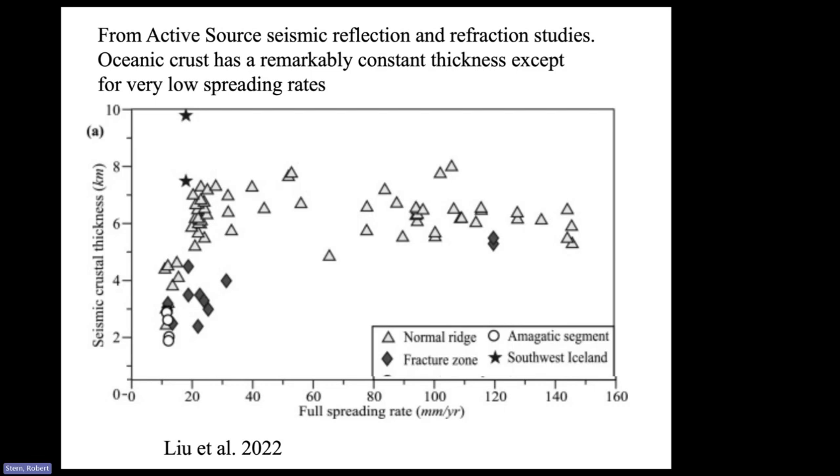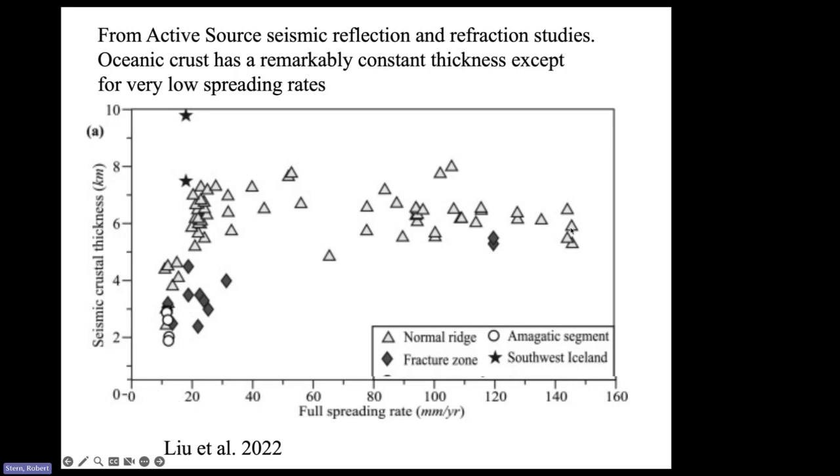So what we're looking at here is the seismic crustal thickness. We're using seismic techniques to measure the thickness of the crust, and this is the spreading rate of the mid-ocean ridge. So this is obviously slow spreading. This is fast spreading.